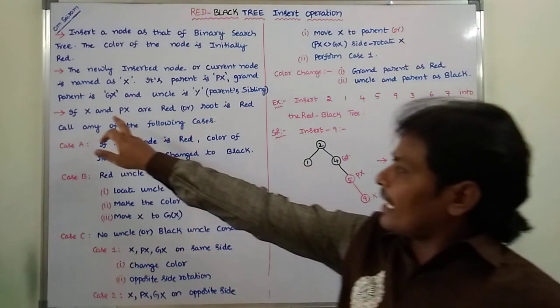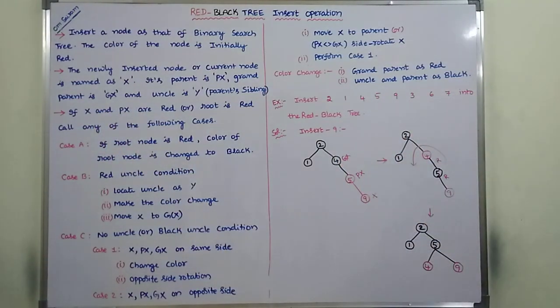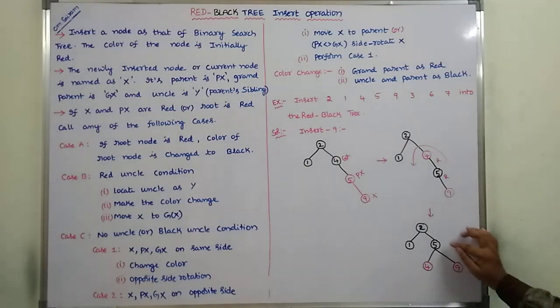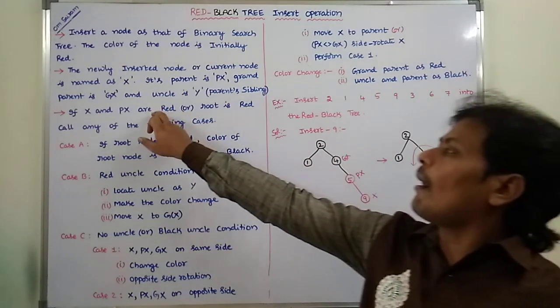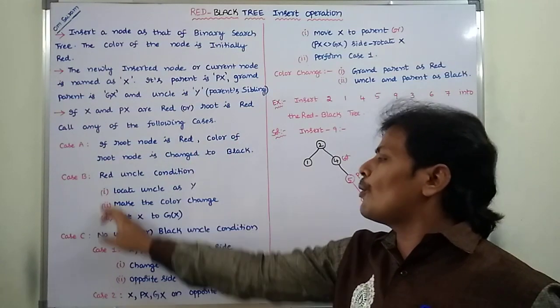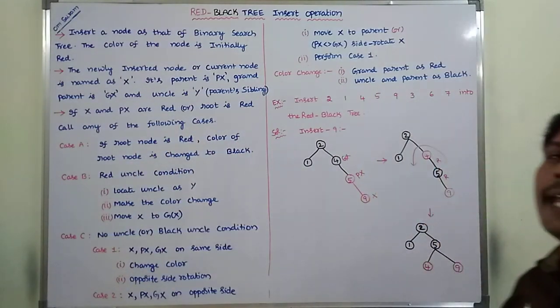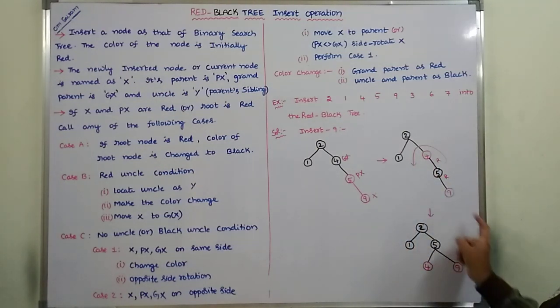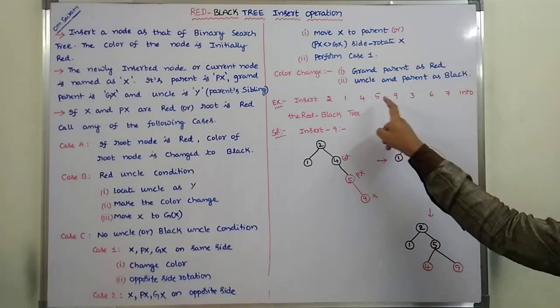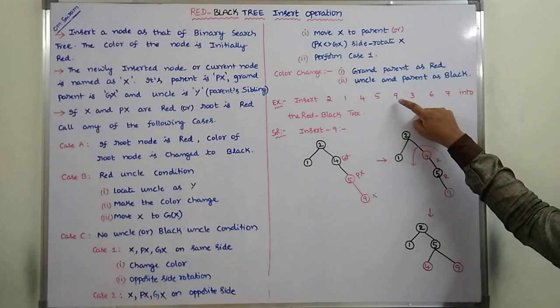Check: are x and px red? Here x is 9, px is 5. There are no red nodes. Root is not red. Both are false. So there is no need to go to the case A, B, C steps. So finally we get the red-black tree after inserting element 9.